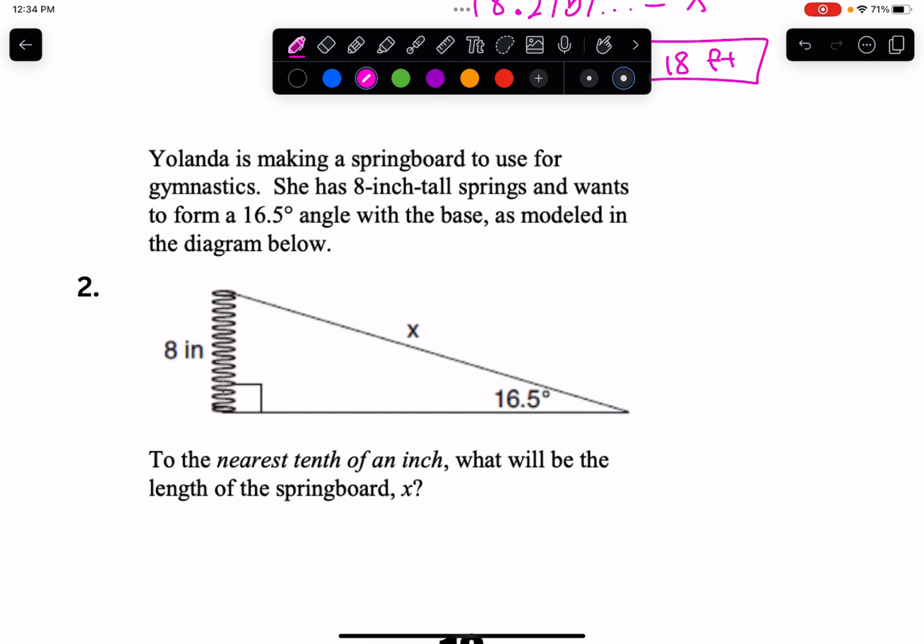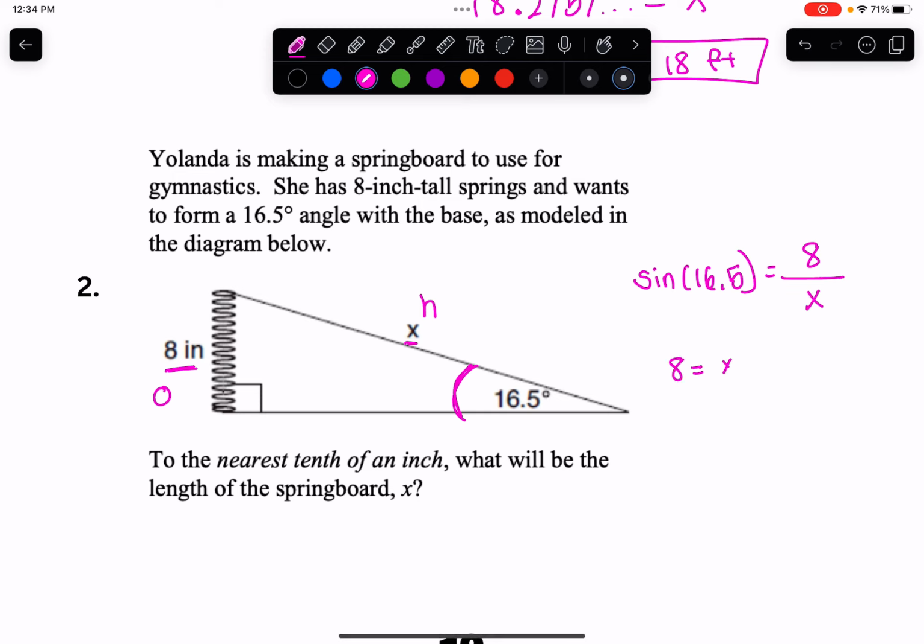For the next one, we see an example where it's like a real life problem. So we have a springboard that is being made, 8-inch tall springs, which is labeled here, wants to form a 16.5 degree angle, and we're looking for the length of the actual springboard. So here, this is the opposite and hypotenuse of the angle that is marked. So this is sine of 16.5 is equal to the opposite over the hypotenuse.